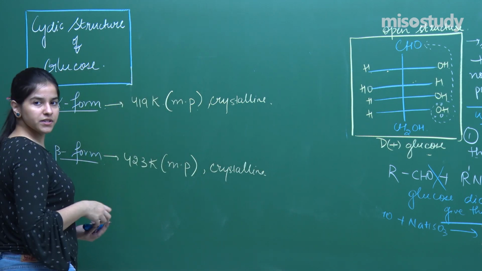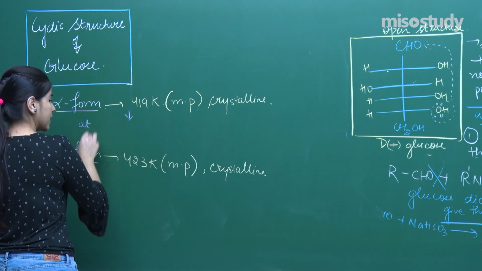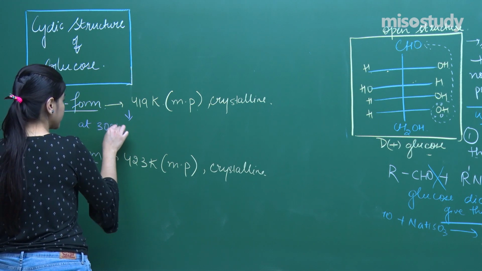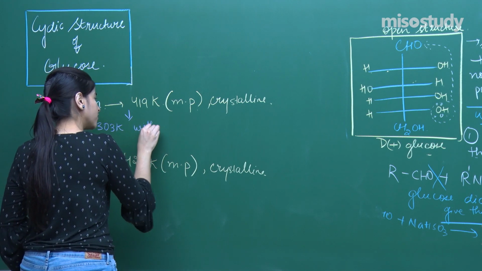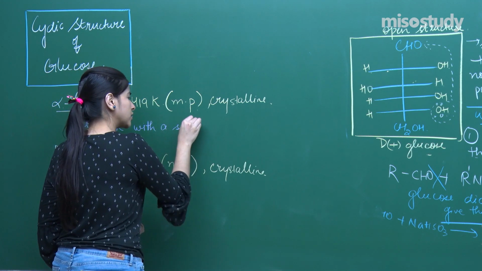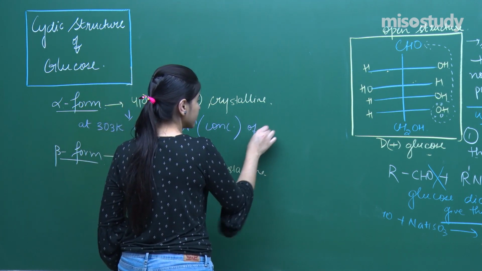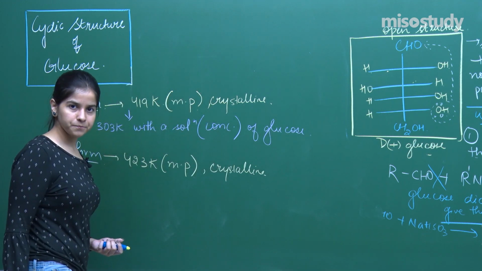How has it been formed? It is formed at 303 Kelvin with a concentrated solution of glucose, right?